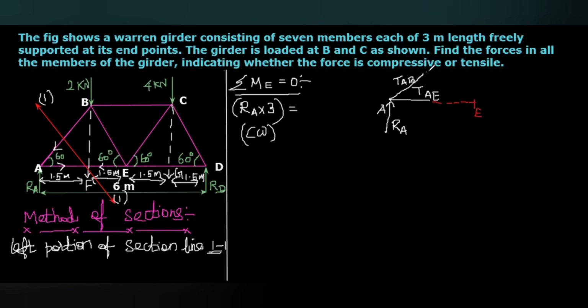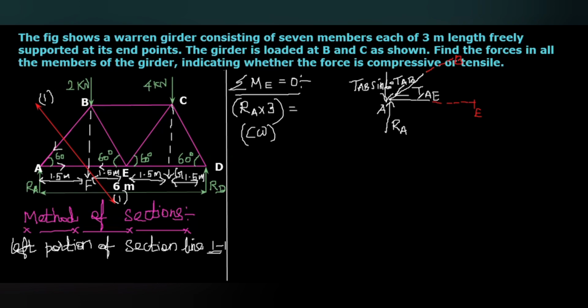Here, the same. Here, we can consider the moment about the point B also. So in case this TAB is acting inwards to the point A, then the vertical resolved component, TAB sine 60, will act downward.